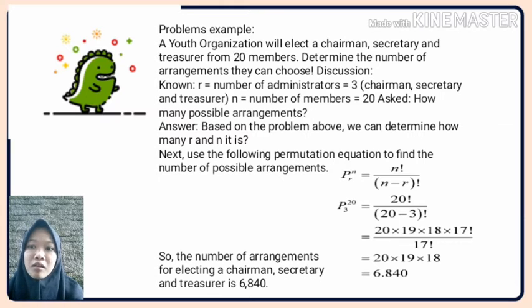Answer. Based on the problem above, we can determine n and r. Next, use the following permutation equation to find the number of possible arrangements.